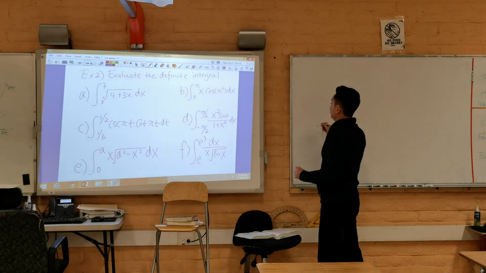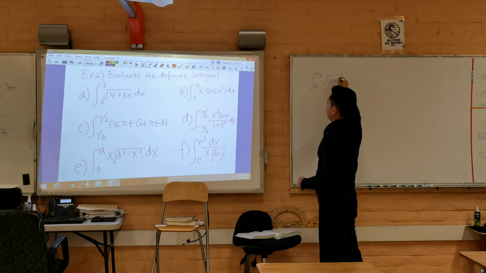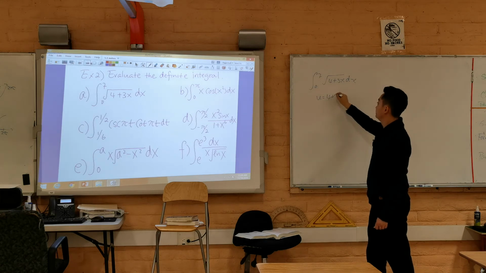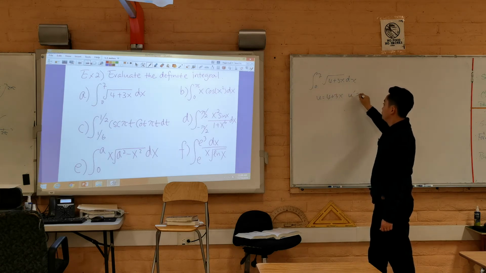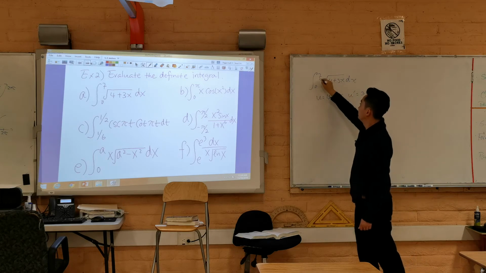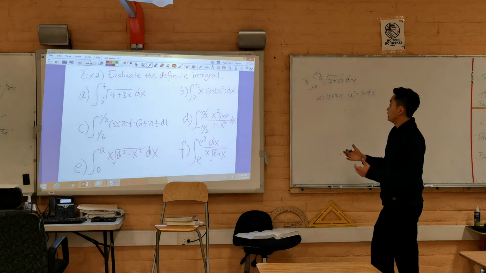So from 0 to 7, integral of the square root of 4 plus 3x dx. So u, obviously, is the inner function, so it's 4 plus 3x. Differentiate it, so u prime, we do have 3 dx. Okay, so we do have u, we do have dx, but the 3 is missing, so we need to multiply by 3, and then outside, we need to multiply by 1/3, so we can even things out.